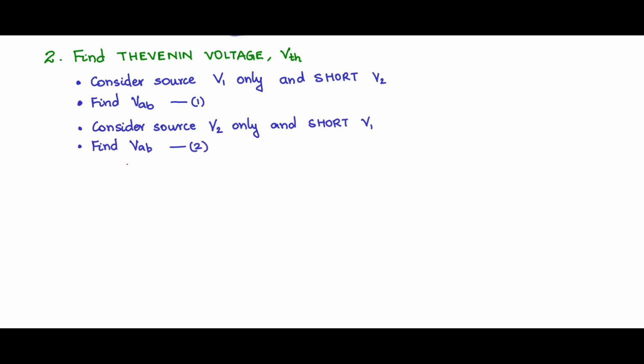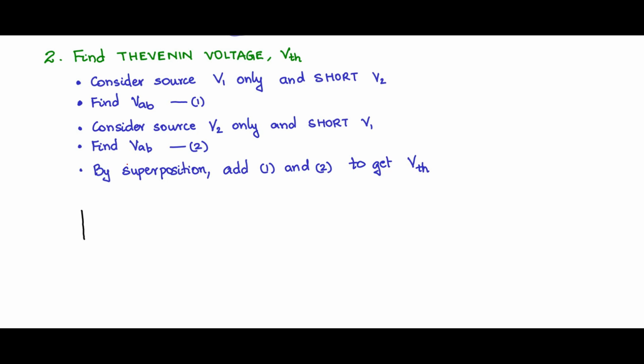Find VAB and let that be value 2. And by the superposition theorem, you add 1 and 2 to get the Thevenin voltage. So here the concept is that you have to take one source at a time. When you take one source, you have to short all other voltage sources, open all other current sources. So that is the concept.